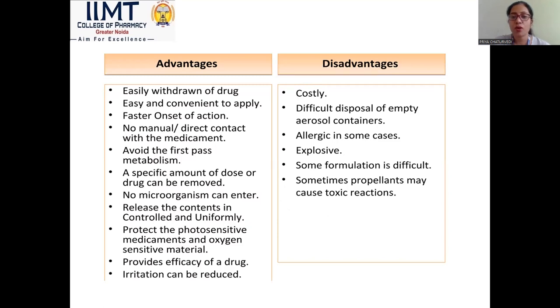A specific amount of dose or drug can be removed. No microorganisms can enter. The release of content is controlled and uniform. It protects the photosensitive medicaments and oxygen-sensitive materials. It provides efficacy of a drug and irritation can also be reduced.